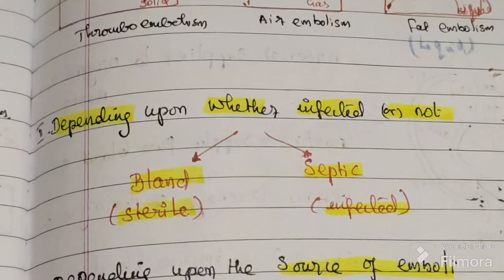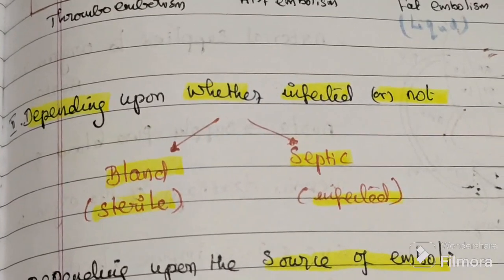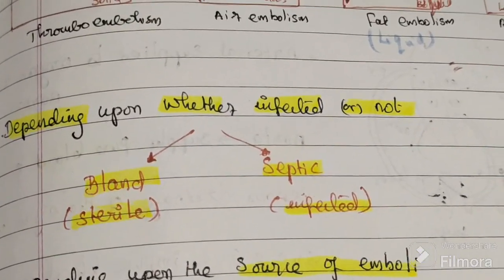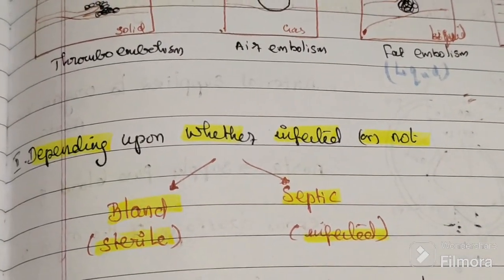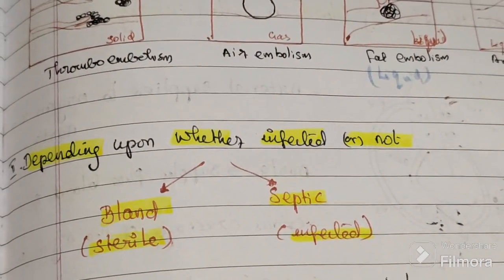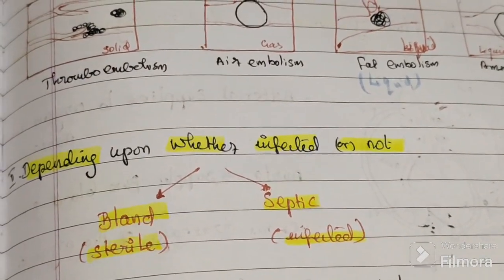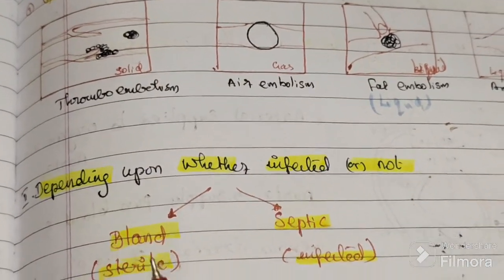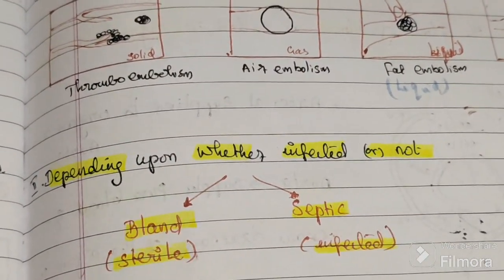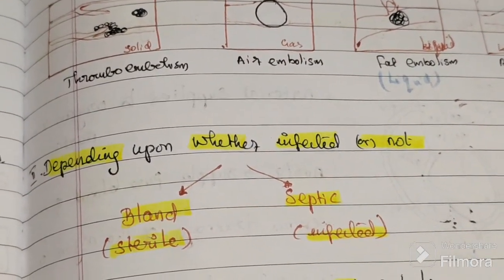The second classification is whether it is infected or not: whether the embolus contains bacteria inside, or is sterile. If they are sterile, it is named bland. If they are infected with bacteria, they are septic.